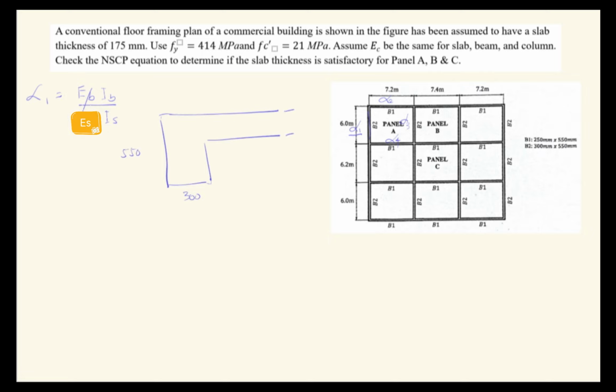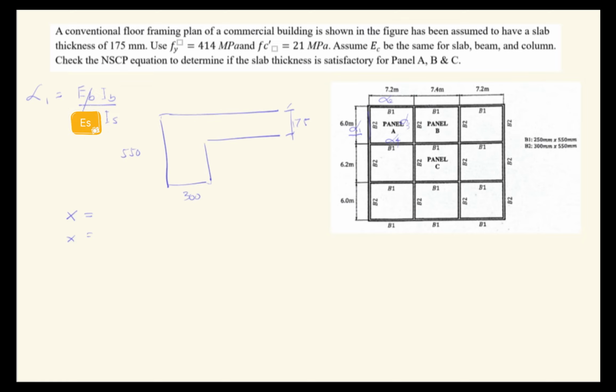And of course, we have here the thickness of the slab, which is 175 mm. And then we are to determine the value of x.